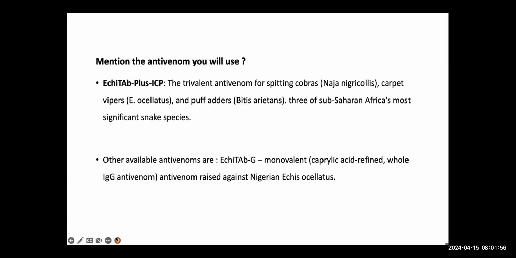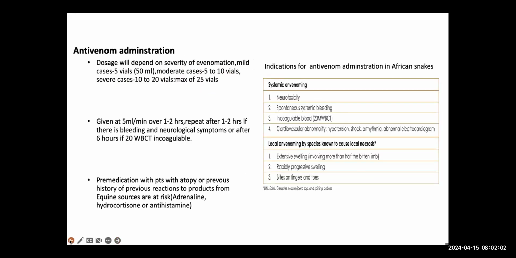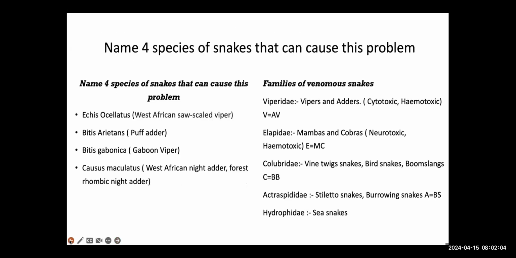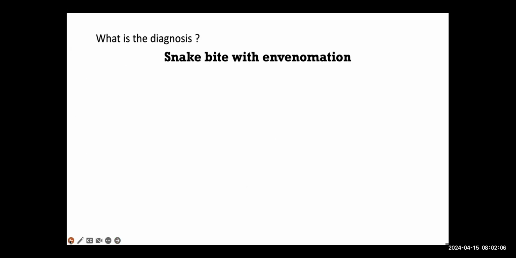The other thing I wanted to mention was the diagnosis. I want us to be open-minded. In West Africa, I'm assuming, is this West Africa or national? National, sir. Okay, so I don't know so much about national, but if it's West Africa, it's a discussion. For example, you make your diagnosis as snake bite with envenomation.